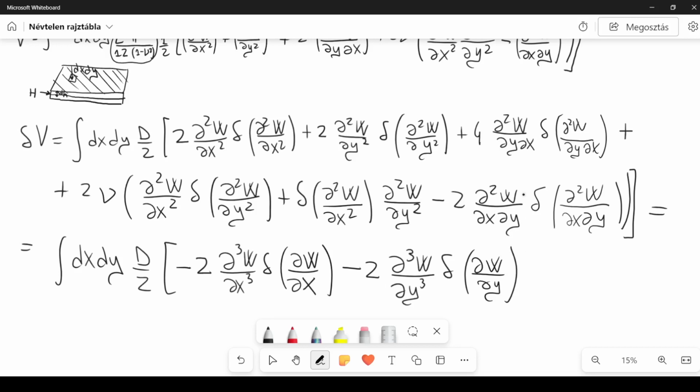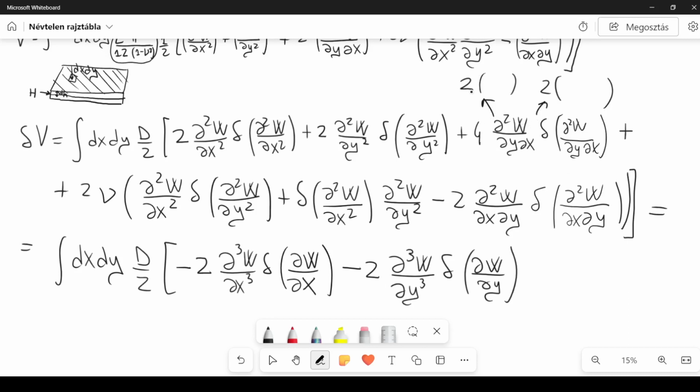Then I'm going to consider this term as given by twice the term itself. So I have split this term in two equal parts: 2 times this term, and then 2 times this same term here.